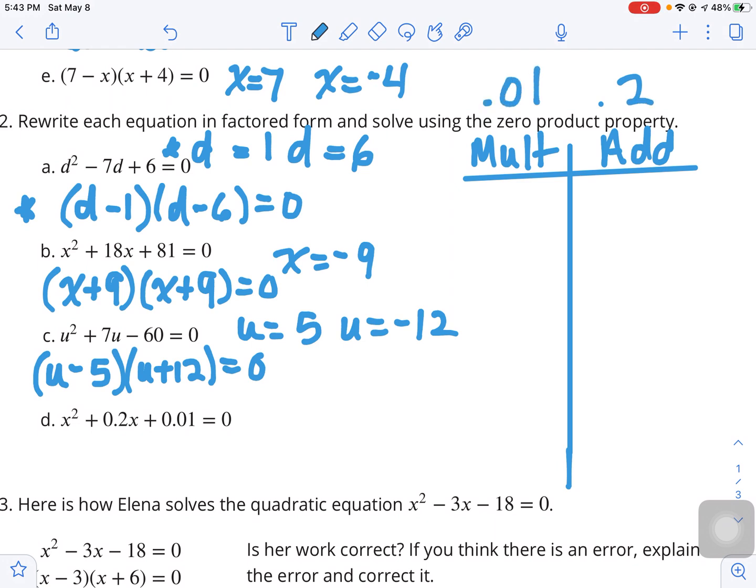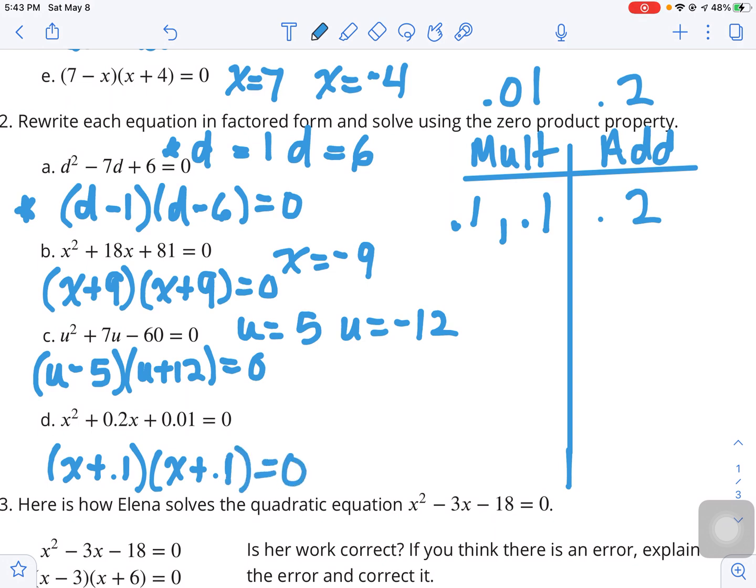But if you go backwards, if you think about what adds to give you 0.2, 0.1 times 0.1 gives you 0.2. And when you multiply those two, you do get 0.01. So this would be x plus 0.1 times x plus 0.1.